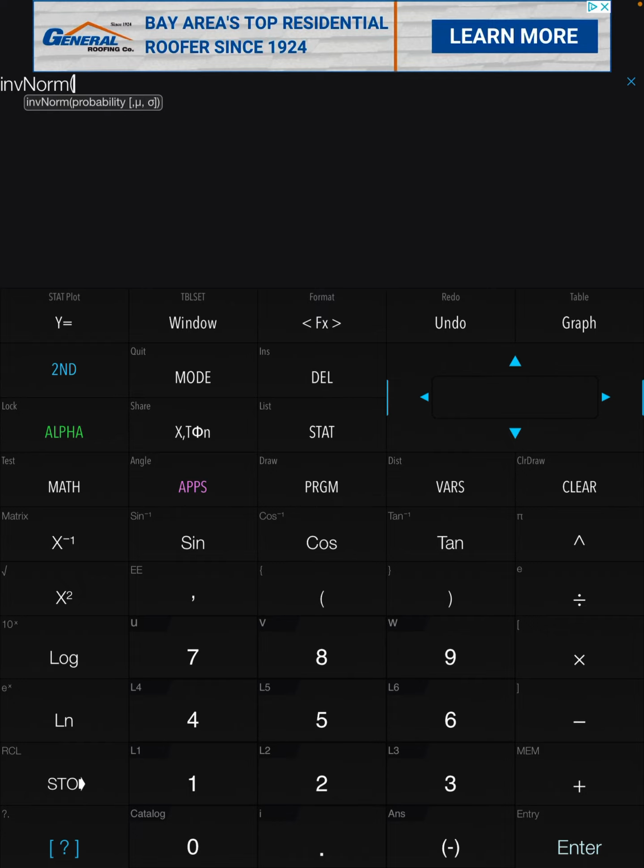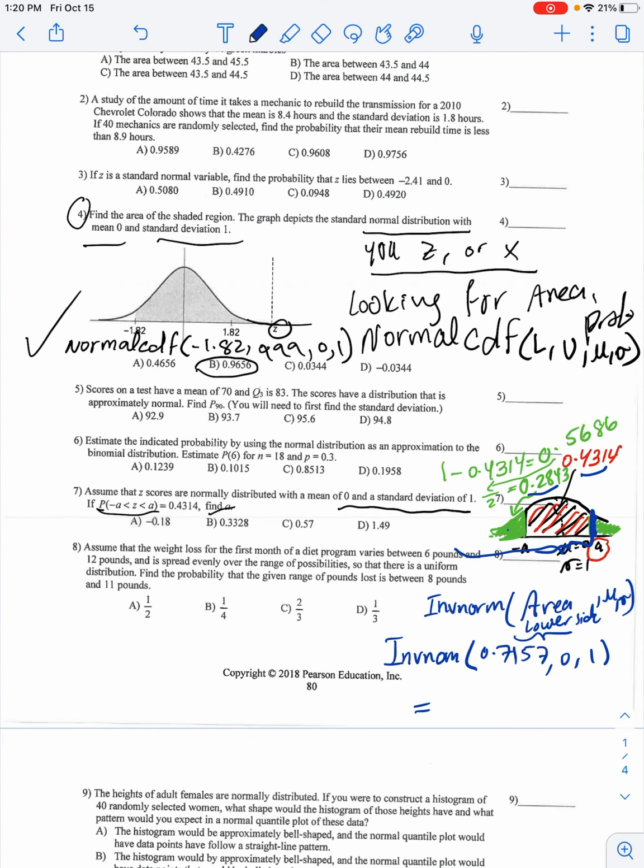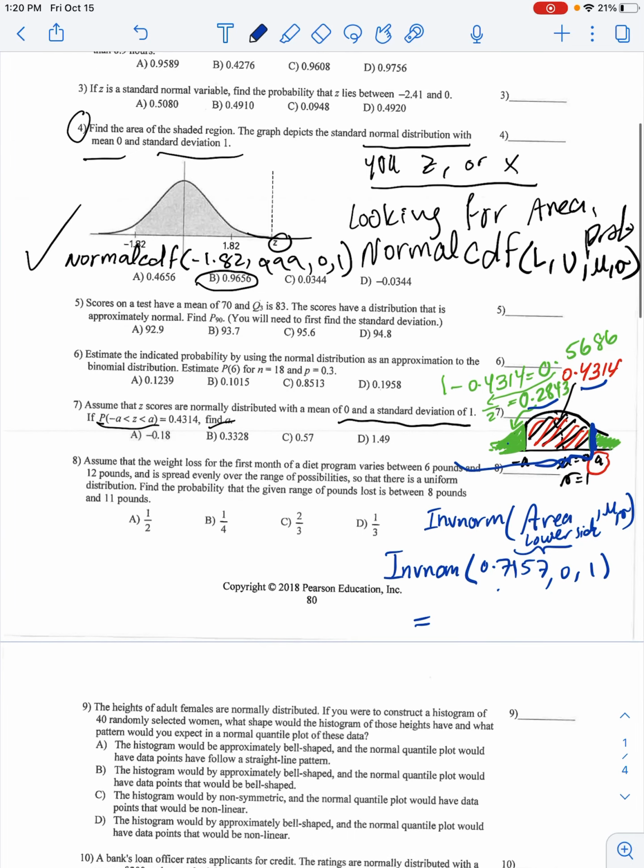Then you put the probability, which is 0.7157, comma 0, 1, and you put it in the calculator. Okay? And whatever you get here is the answer. So the answer you should get is 0.57.